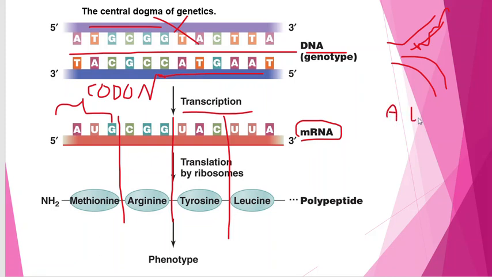I'm going to use the RNA, not the DNA. If I have an alphabet of 4 letters, I can make words that are 3 letters long, and that's a codon. So this AUG is always going to code for methionine. That's kind of the way this coding works, guys.